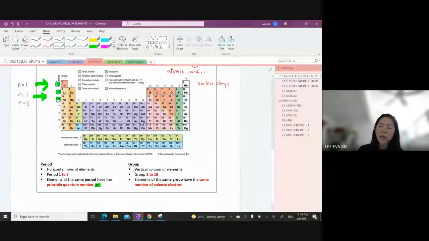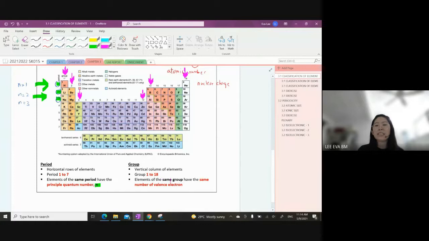Whereas if we are talking about the group, it means the vertical column. I'm using a different color. A vertical column is called the group. So we have group 1, group 2, group 3 until 12, then group 13 until group 18. All of these we call group.